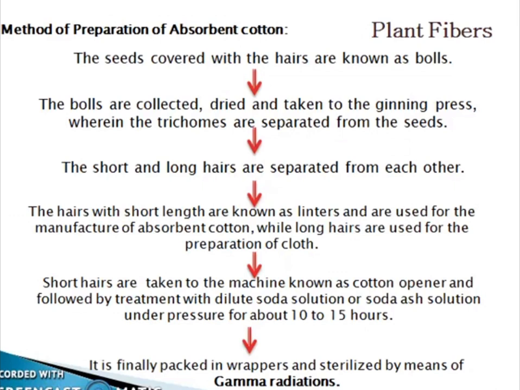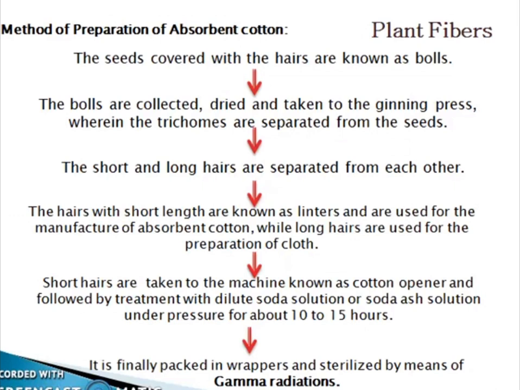Whatever trichomes are obtained will be in two forms: some are long length hairs and some are short length hairs, and these are separated from each other. The long hairs are used for the manufacturing of textiles.